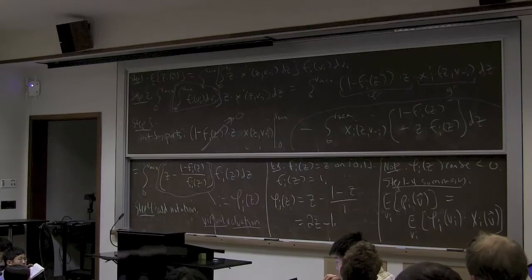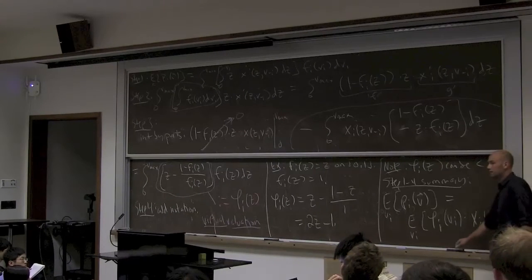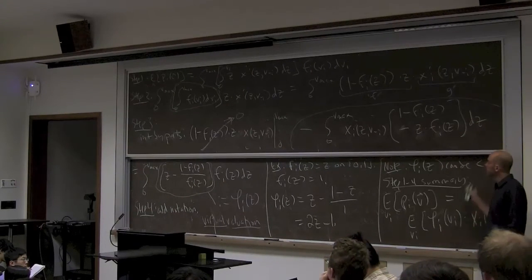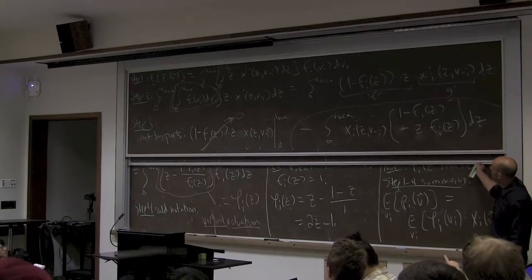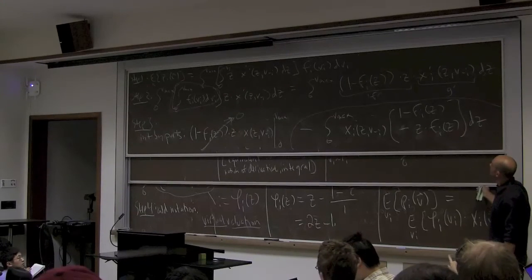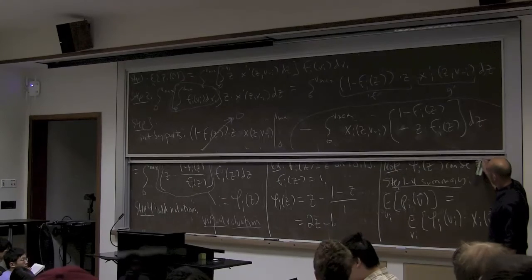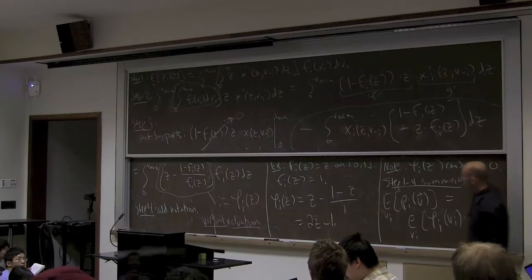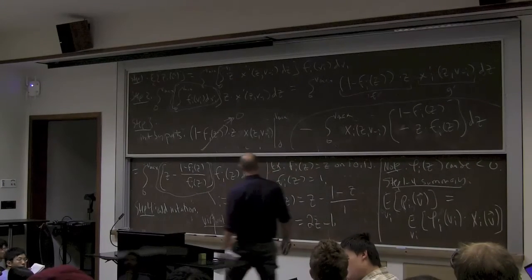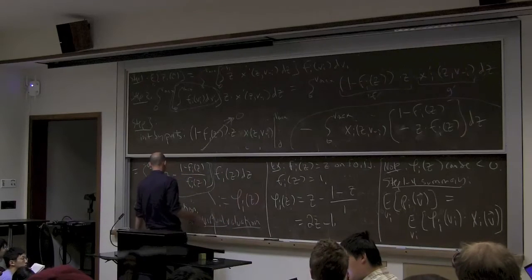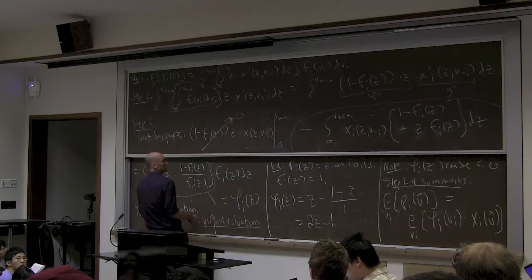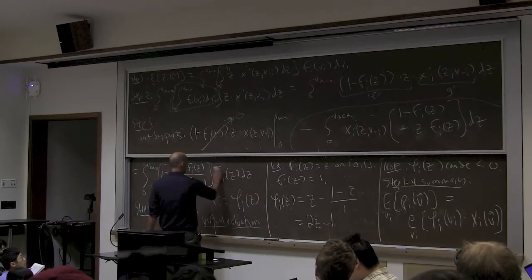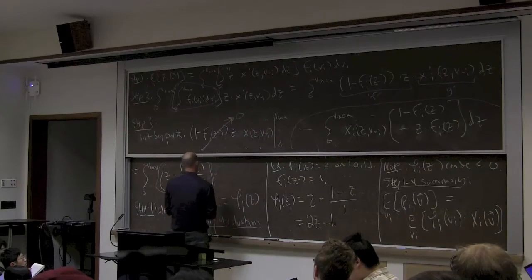Okay? Agreed? Yeah. What happened to the x sub i of z and v minus i when you went to that integral? Oh, here. I think I just totally omitted it. My bad. Thank you very much.